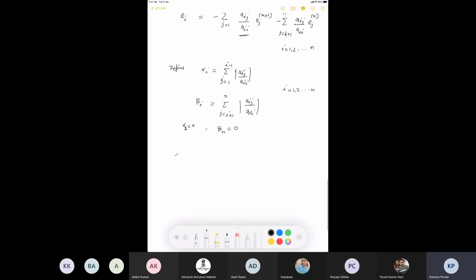So then if I observe mu, which is nothing but the maximum over all the i's of the summation over all the j's of the factor aij divided by aii, I can simply write this factor as the sum of alpha i and beta i, and here I have the maximum over all the i's.